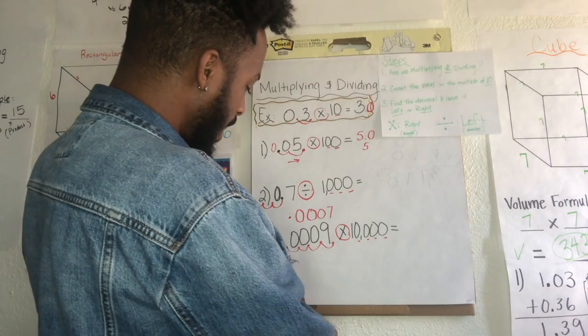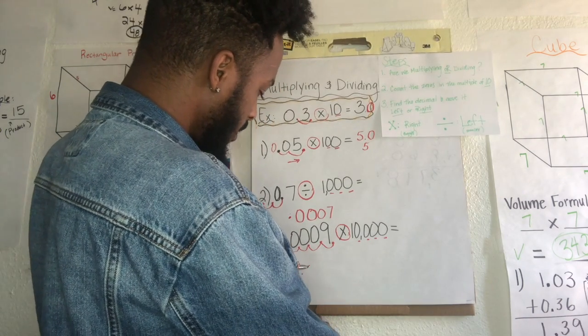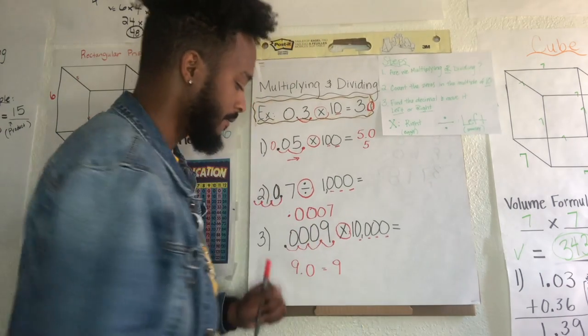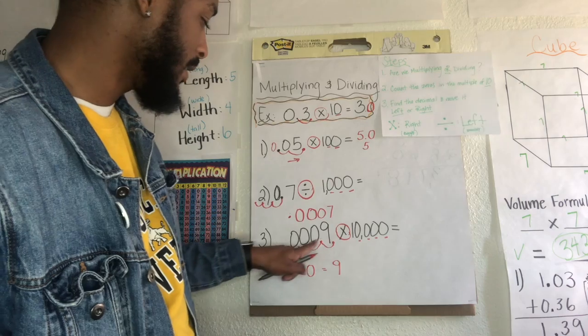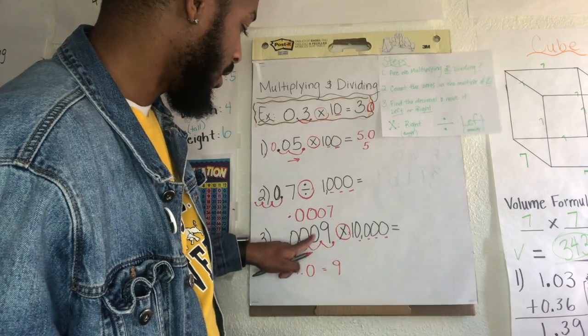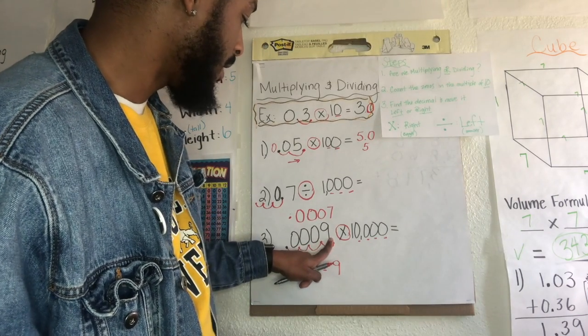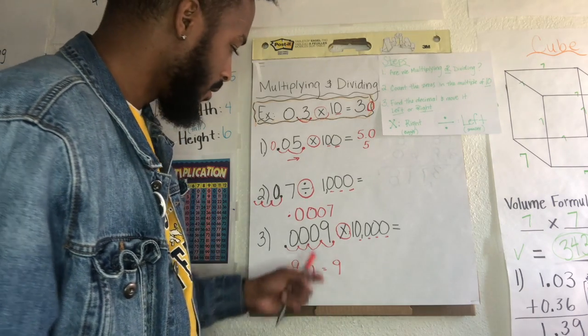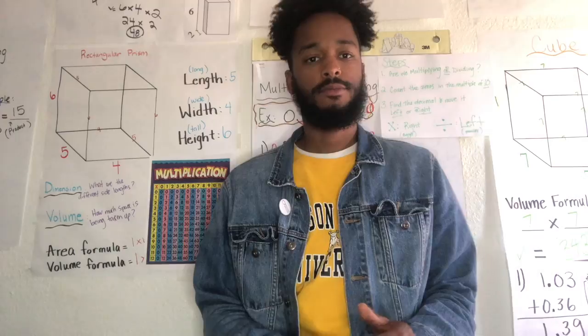I've got 9.0, which is equal to 9. So 9 tenth, 100th, 1000th, 10,000ths. So 90 thousandths times 10,000 is 9.